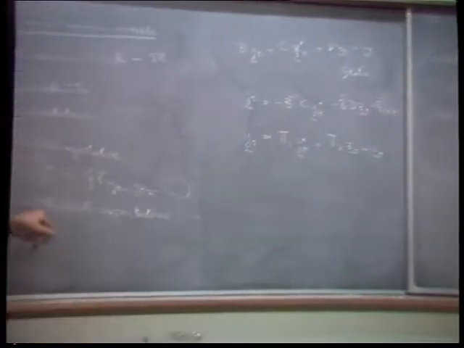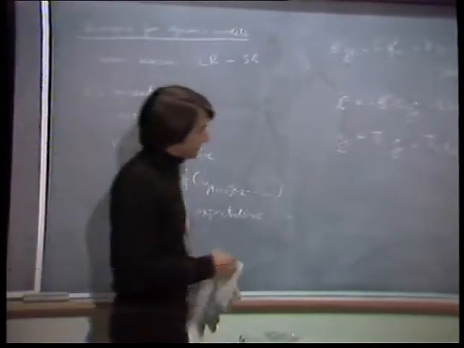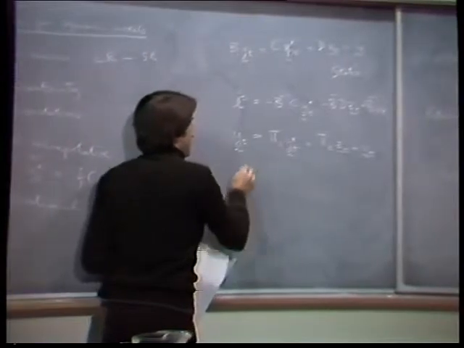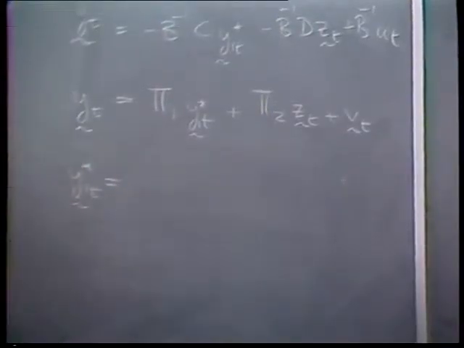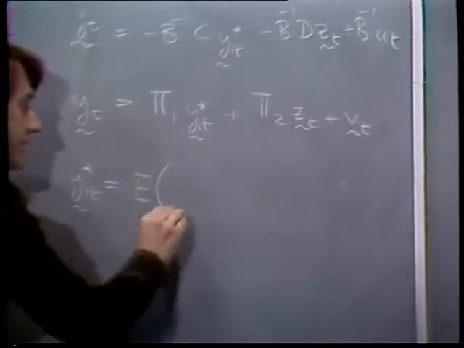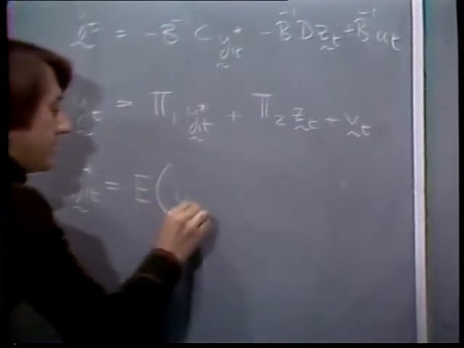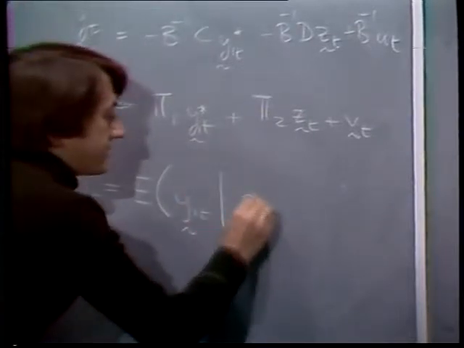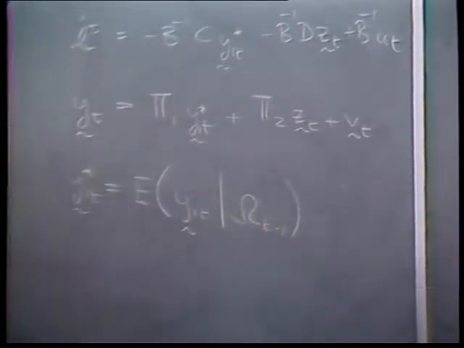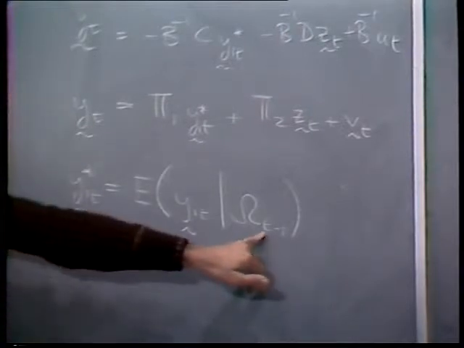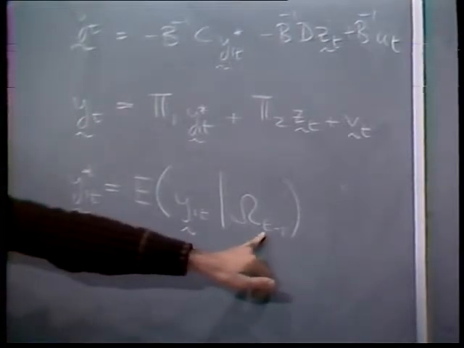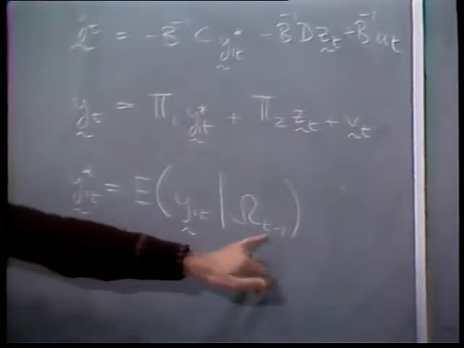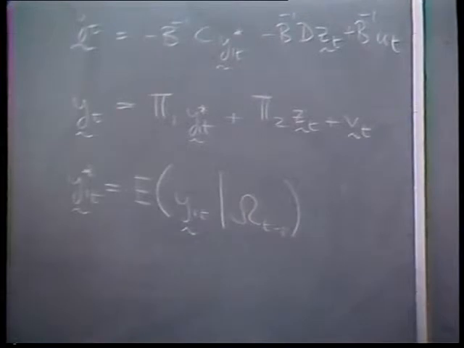Where if we now use the rational expectations hypothesis, we know that y1t star should now be equal to the expectation of y1t conditional on all the information available up to the time period t minus 1. And that's omega t minus 1 is just denoting all information that is available.